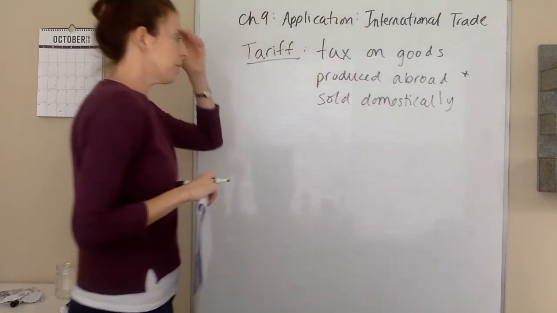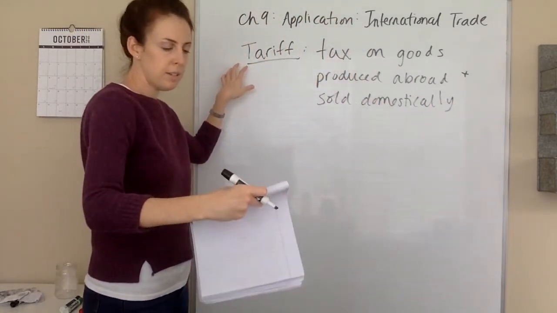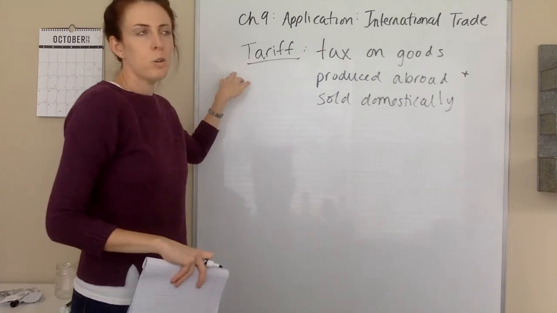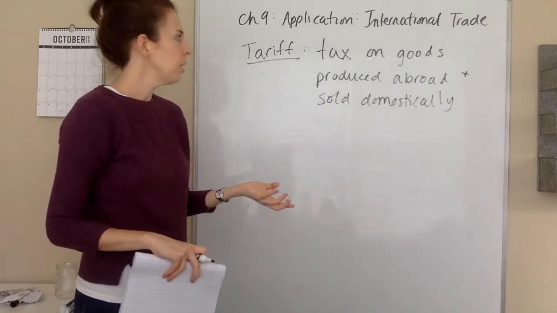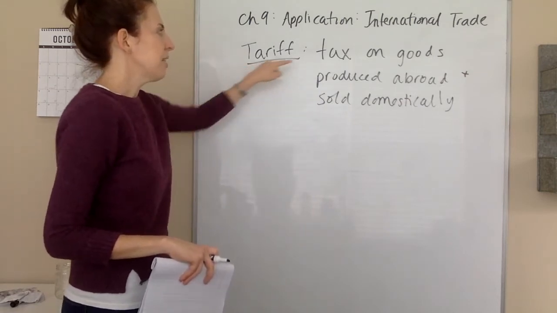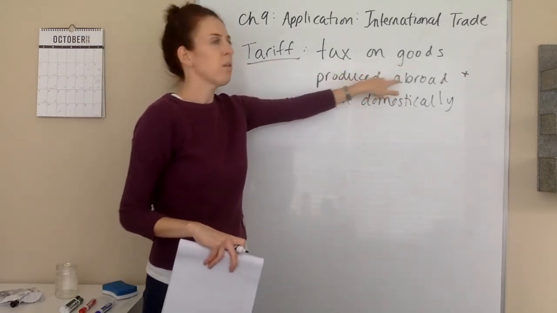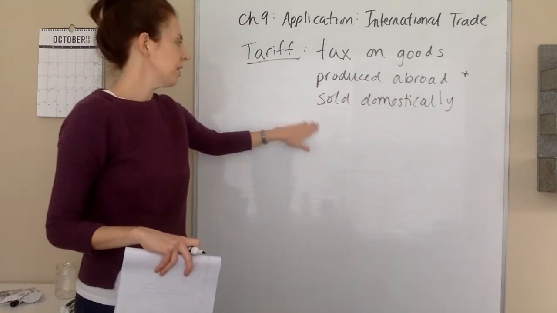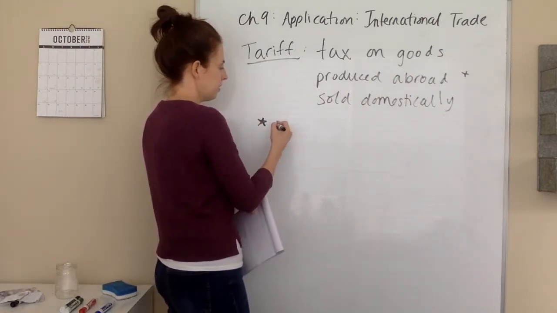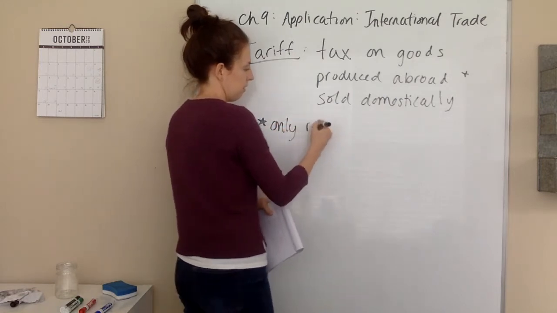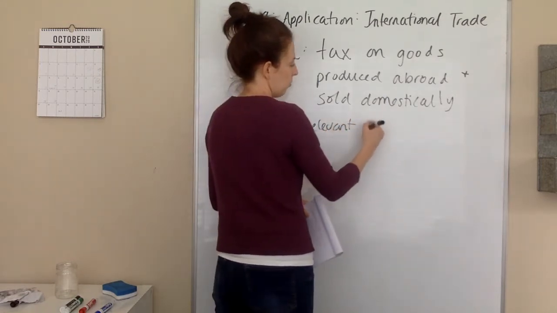What this means is that tariffs are only going to be relevant for imports. If America brings in tires from Mexico, then a tariff would be a tax on those tires that are produced abroad in Mexico and sold domestically in the United States. So again, just so you don't lose sight of this, this is only relevant for imports.